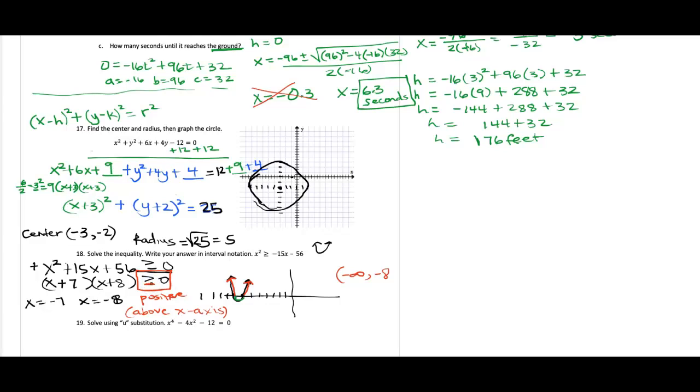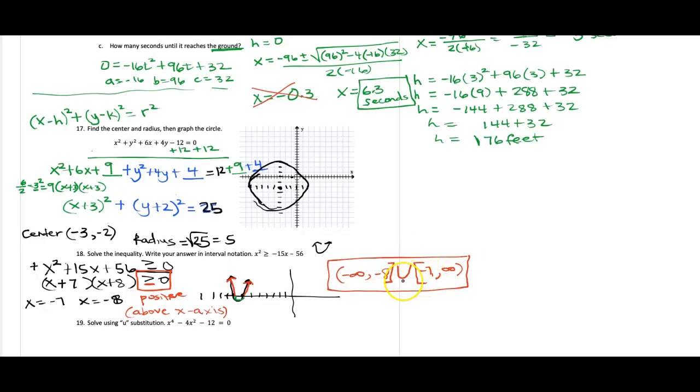If it didn't, we'd put a parenthesis, but since it has the equal to part, we'll put the square bracket. Then it skips the stuff in between negative 8 and negative 7, and now we have from negative 7 to positive infinity. And that would be your answer.